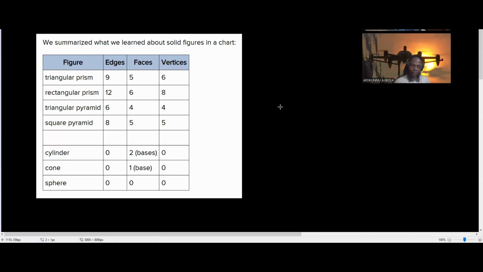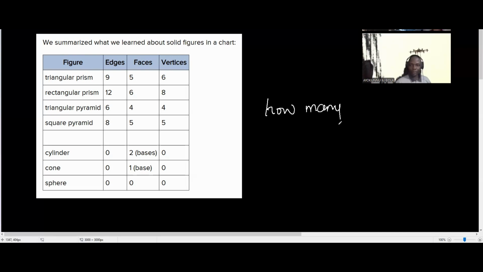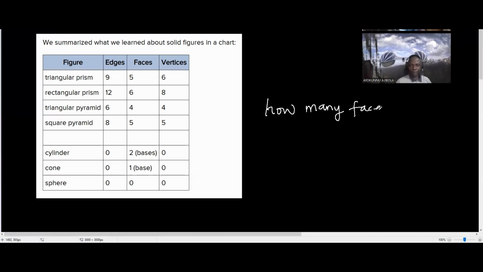Miggy, how many faces has a square pyramid?